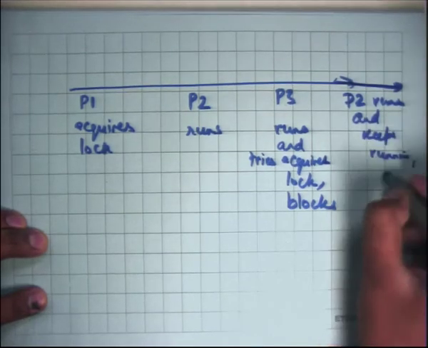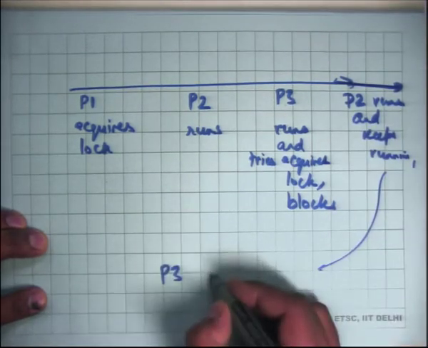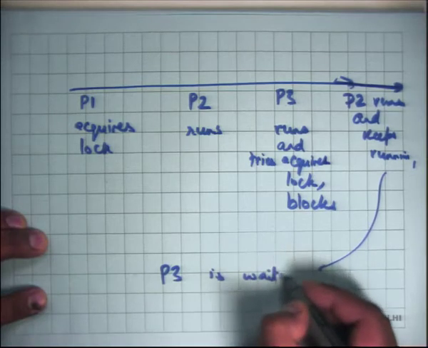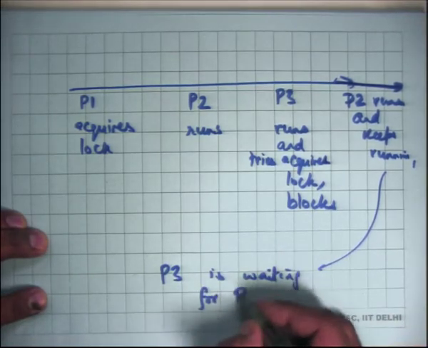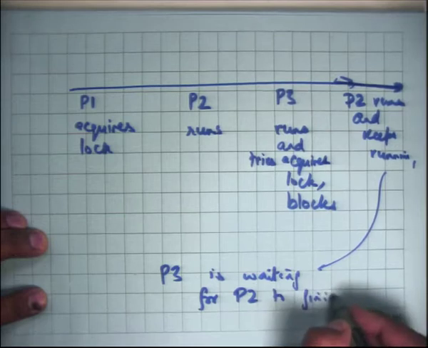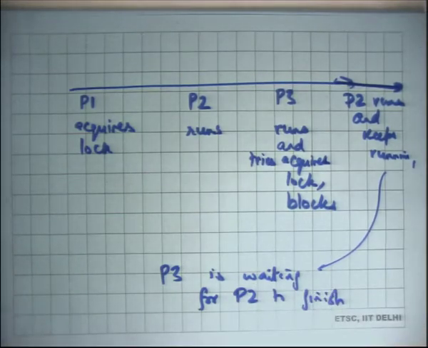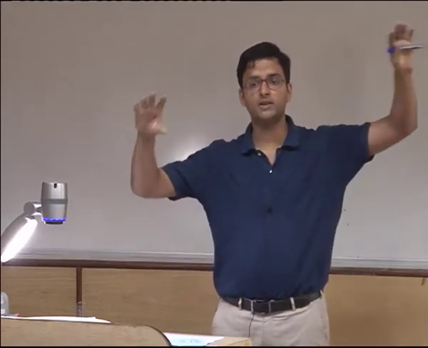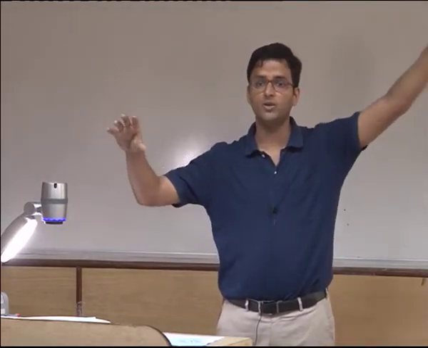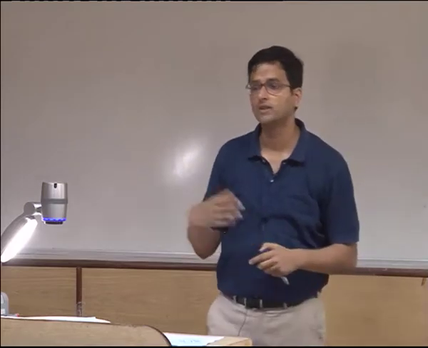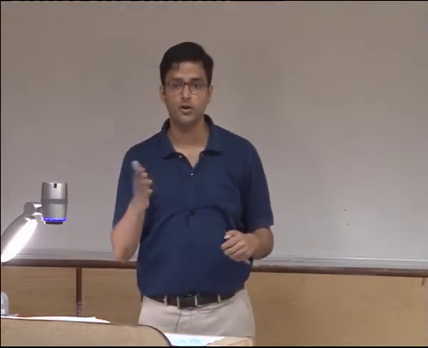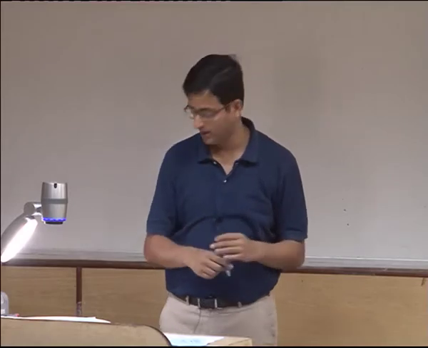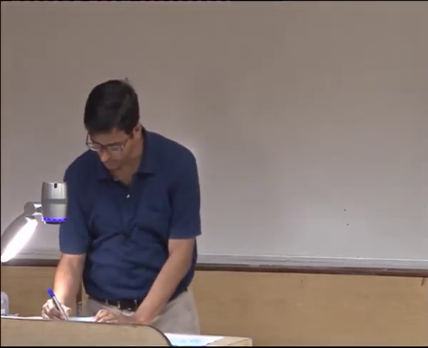At this stage you have a situation where P3 is waiting for P2 to finish, right? And this violates the priority order. You always wanted that if P3 is ready to run, then P3 should get to run. But because there's a dependency between P3 and a lower priority process, it's possible that P3 actually waits for a process that's lower priority than it. And this thing is called priority inversion.